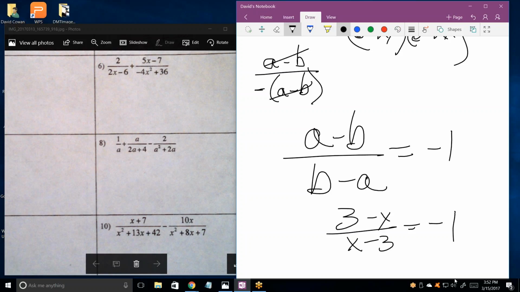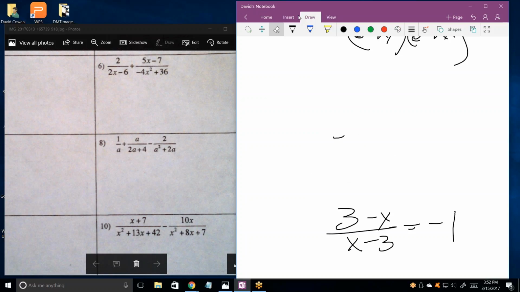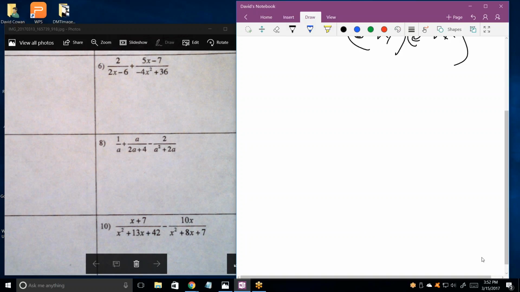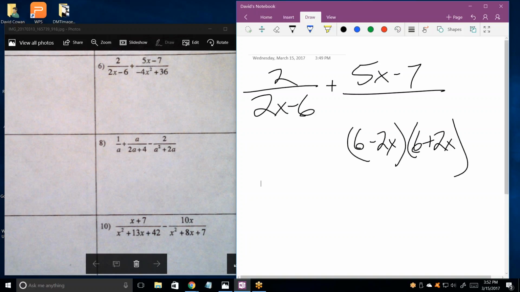So this is the one difference. Normally the only way you can cancel stuff is if it's identical. Most every problem you deal with has identical stuff, and that's when you can cancel it. Well, notice that 2x minus 6 is the negative of 6 minus 2x.